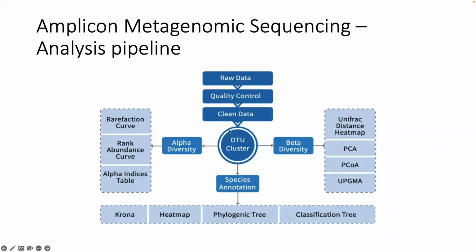You can do either one or the other, or both, or a combination. You're the client. Alpha diversity measures the diversity within the single sample. Beta diversity measures the difference between samples. So both alpha and beta diversity are important in understanding the structure of your microbial communities, within and across samples. And then, just as in the other pipeline, you can do enrichment analyses and lineage analysis, and this would all be off of a PCR product.